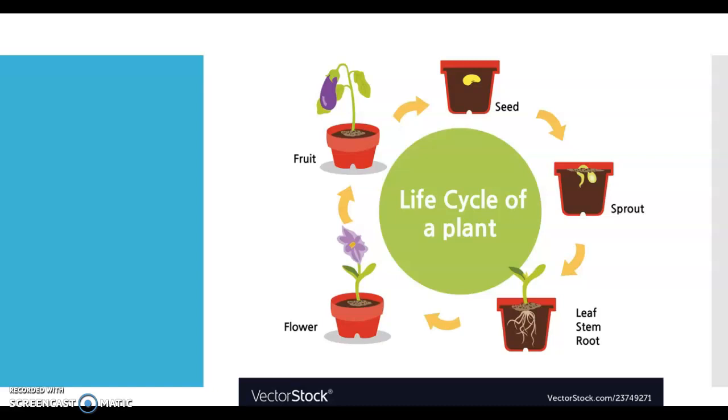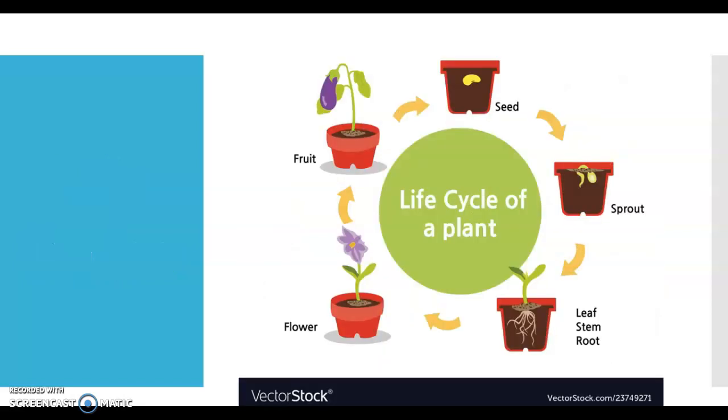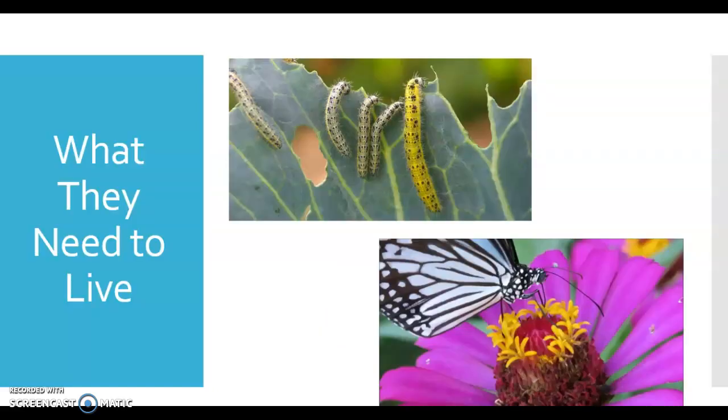Play games, have them put the different parts of the life cycle in order so that they can start to understand and internalize that. There's lots of music and books and finger plays and probably dances that you can do to help children physically engage and internalize those different concepts.